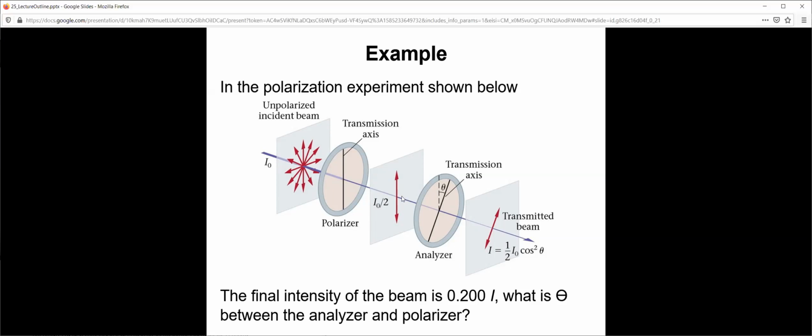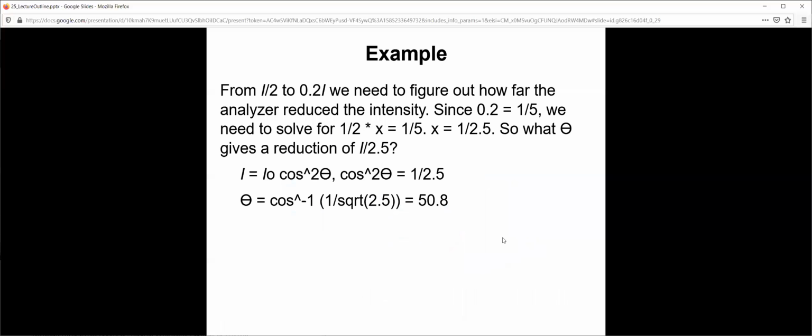From this point here, between the polarizer and analyzer, to after the analyzer, we go from half intensity to 0.2 intensity. 0.2 is equal to a fifth. So how do we go from a half to a fifth? Well, the equation shown here in the center: a half times x equals a fifth. What is x? x is 1 divided by 2.5.